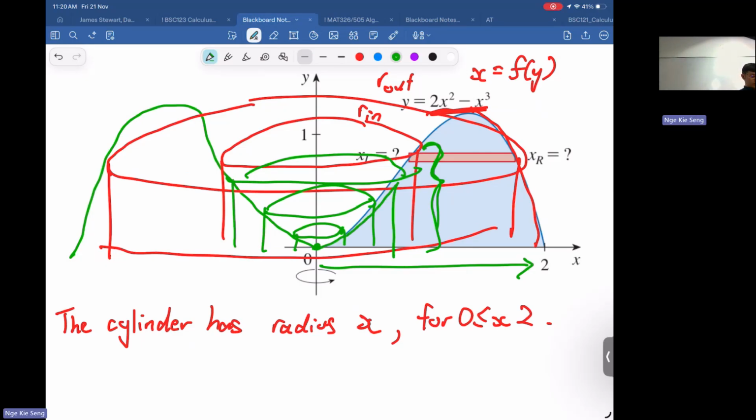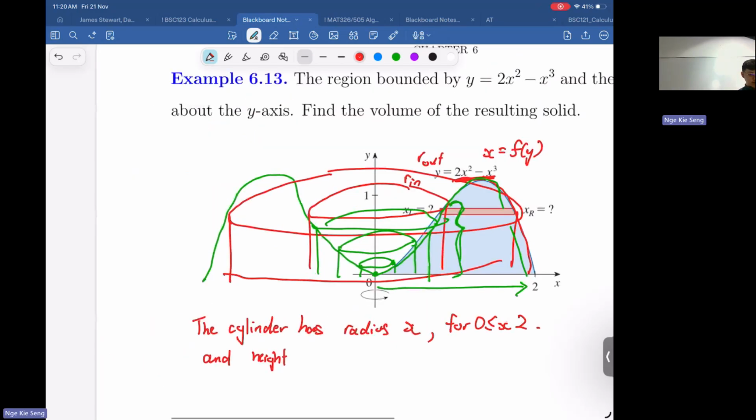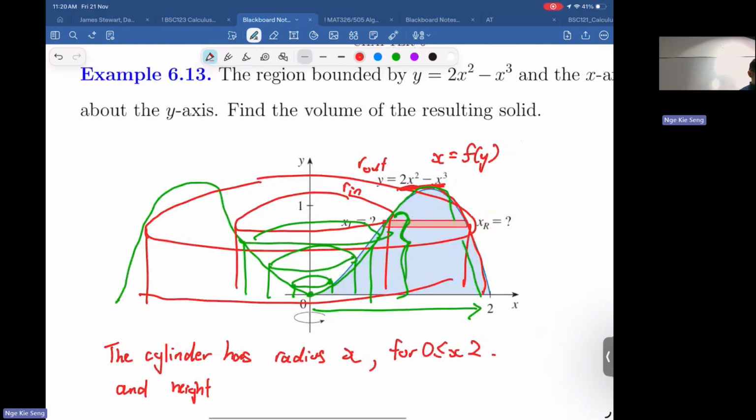It is controlled by the function here. So this cylinder has height, what's the height here? The height here is 2x squared minus x cubed.